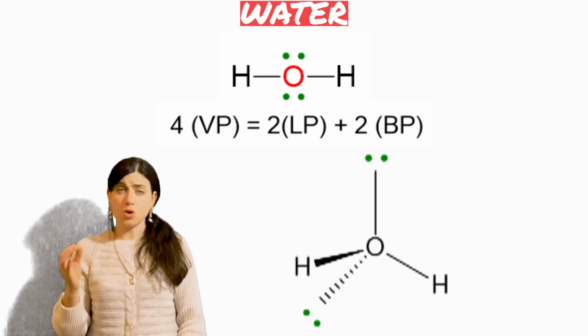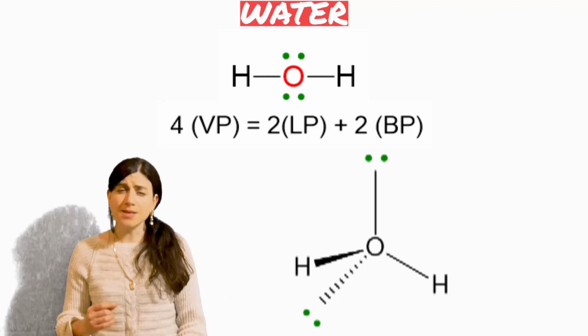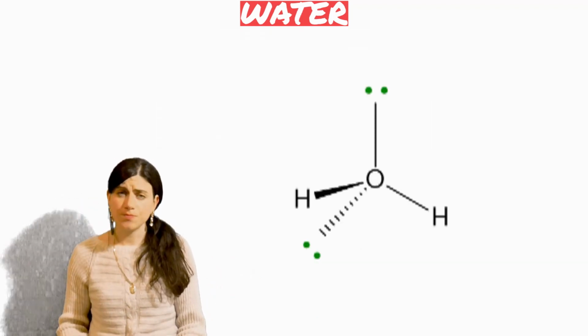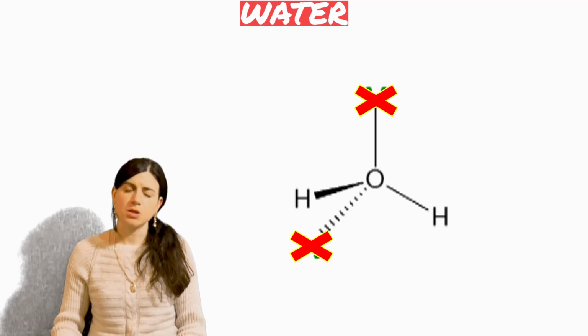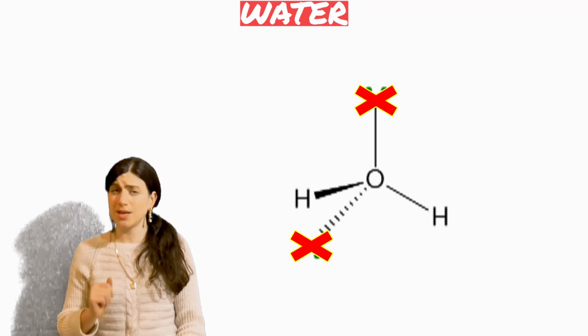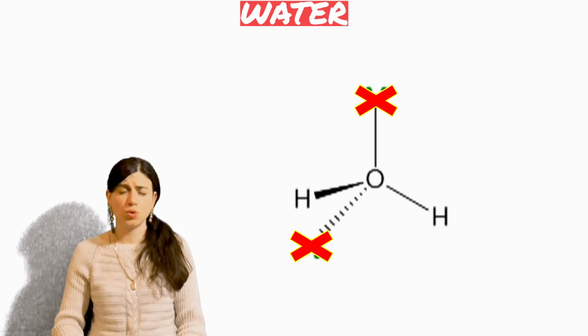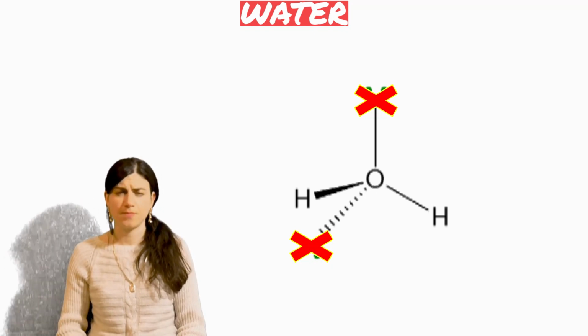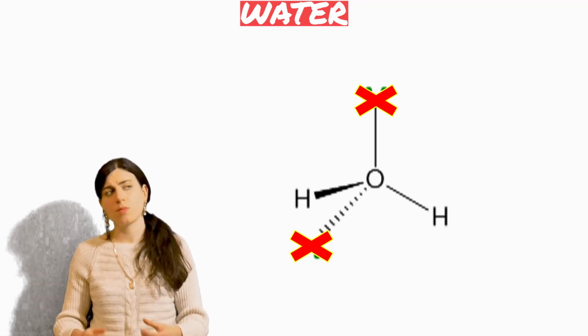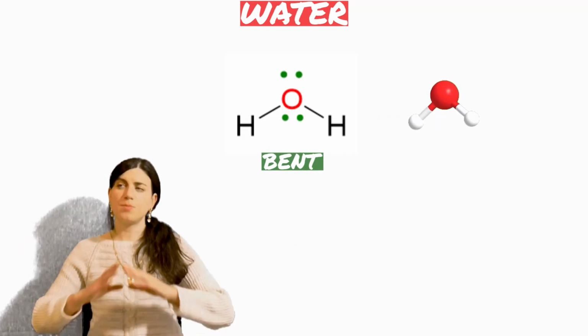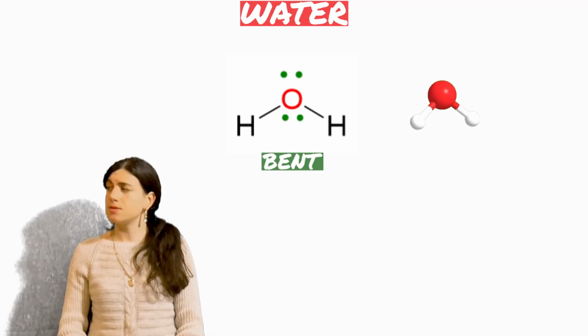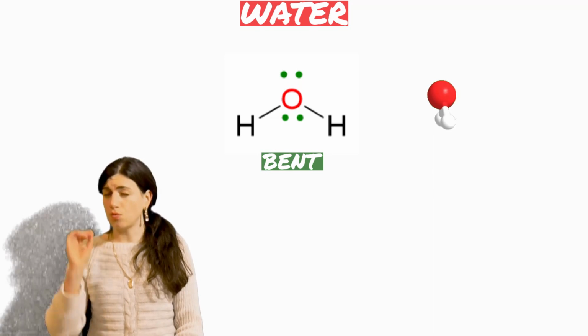So we can simply erase the lone pairs and see what is left. What is left from the tetrahedron if you erase 2 positions? What is left is the so-called bent geometry. So the bent geometry is the molecular geometry of water.